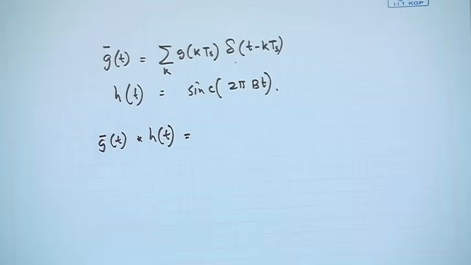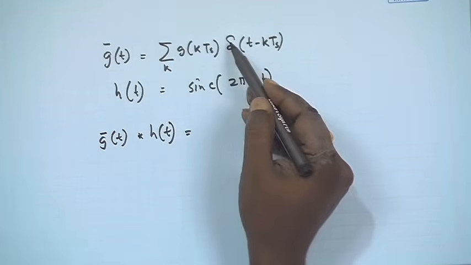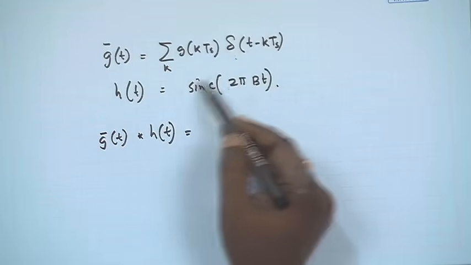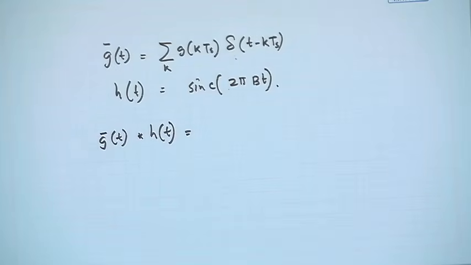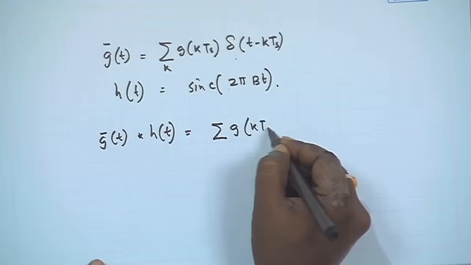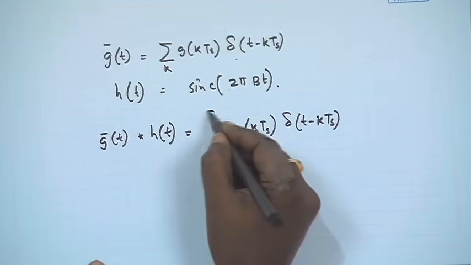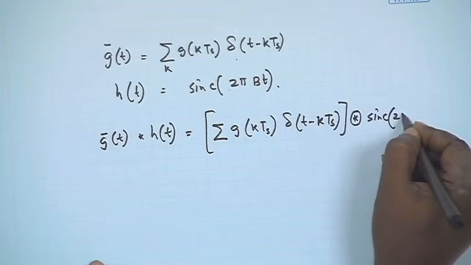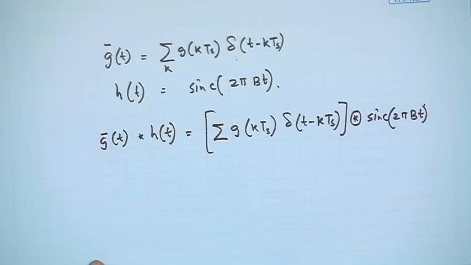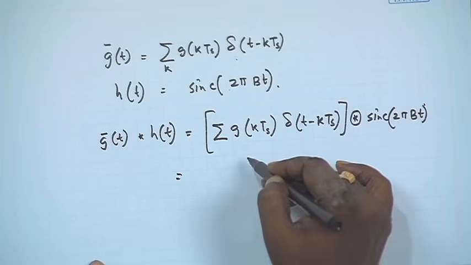What is that? This is convolved with this one, but this is a delta function. So, convolution will just keep this signal intact, but it will just go to that delta location, right. So, what will happen? It will be just this summation of g(kTs) delta(t minus kTs), this whole thing convolved with sinc 2 pi bt, right. Because this summation has nothing to do with it, no k factor over here, I can take this inside the summation.